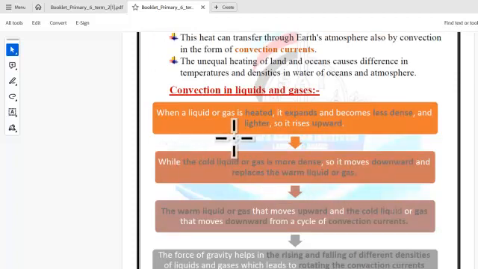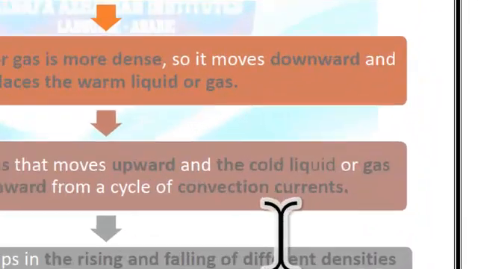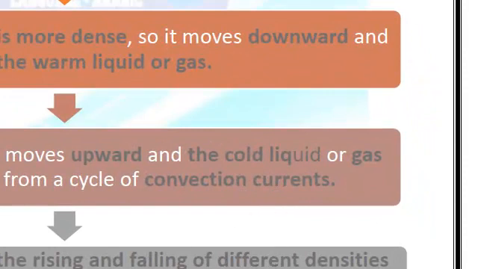When a liquid or gas is heated, it expands and becomes less dense and lighter, so it rises upward, while the cold liquid or gas is more dense, so it moves downward and replaces the warm liquid or gas. The warm liquid or gas that moves upward and the cold liquid or gas that moves downward form a cycle of convection current.